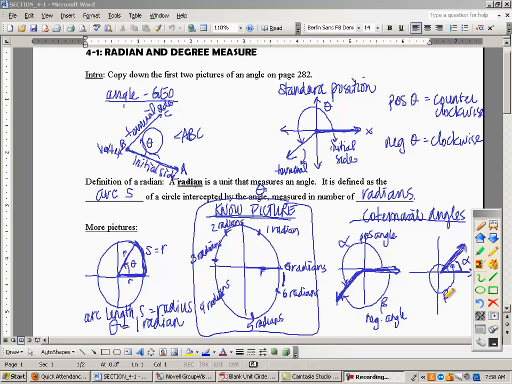And you'll notice all I did is took 360 and just went a full revolution around. Well, I could do this again if I wanted. I could start here and go 1, 2, and then go here. That's still a coterminal angle as well. And so any revolution of that where you start at the initial and end at the same terminal is considered a coterminal angle. And so we're going to get to that in a little bit. I just want you to kind of have an idea of what's going on.